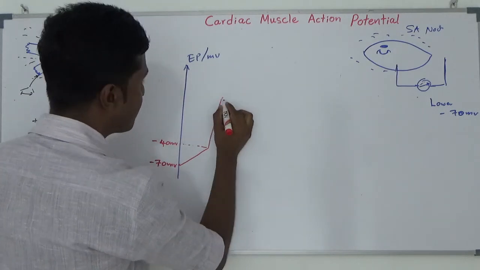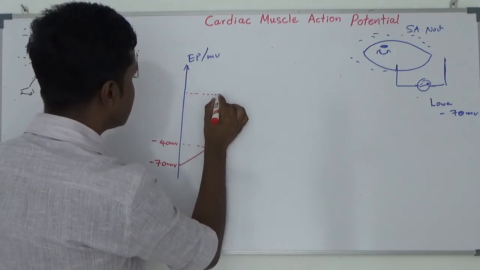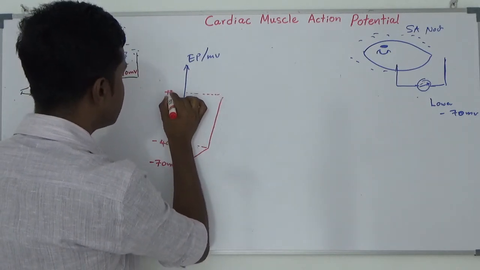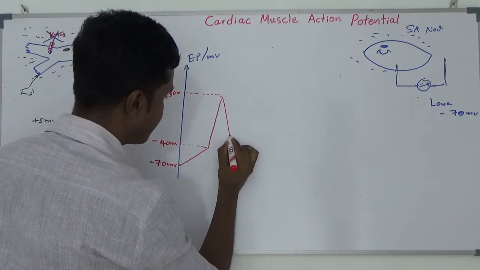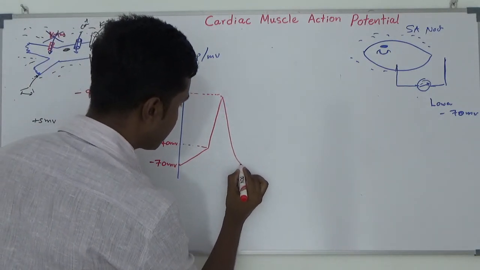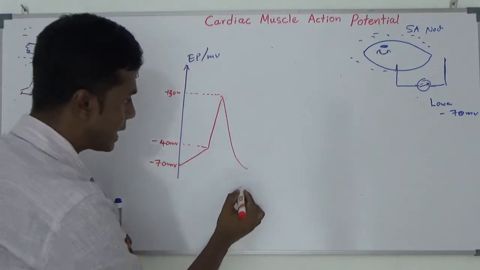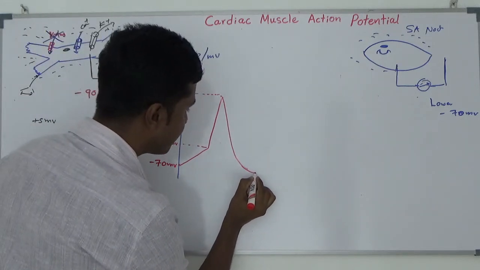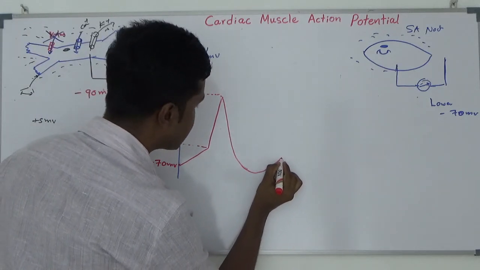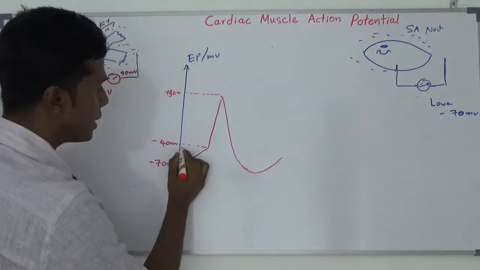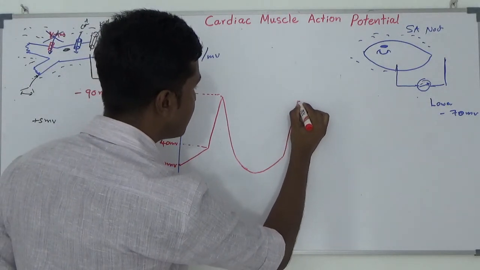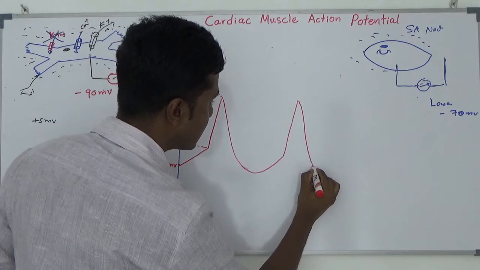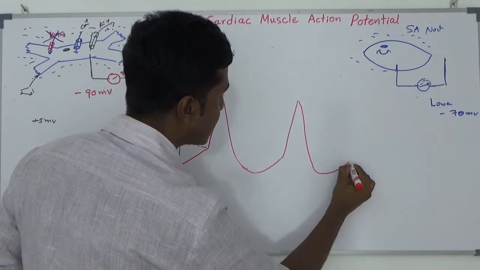It went up to approximately plus 30 millivolts. Then it gradually comes down. After that, the same cycle repeated. Again it went up from around minus 40, then again up to 35. Again it came back. Again the same cycle happened.